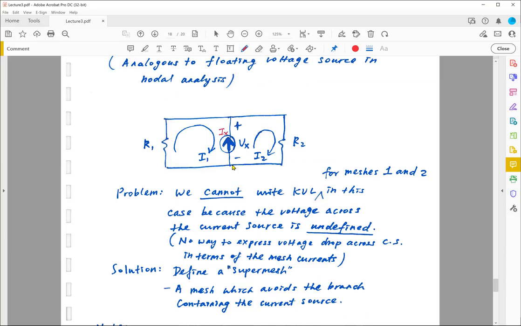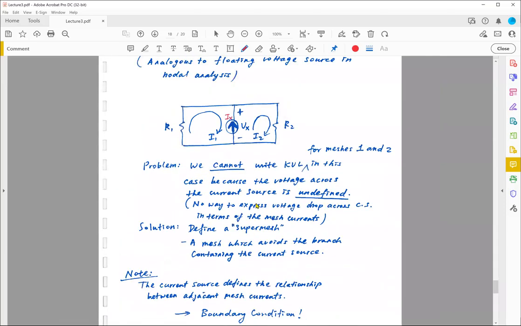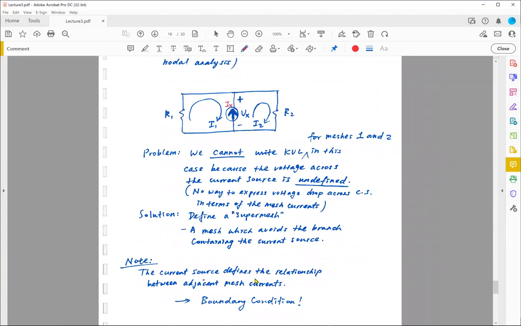So I need to write another equation that at least describes the relationship between I1 and I2, such that I can go ahead and solve for the two unknowns with two equations still. The current source defines the relationship between the adjacent mesh currents. That's how you will come up with that second equation.